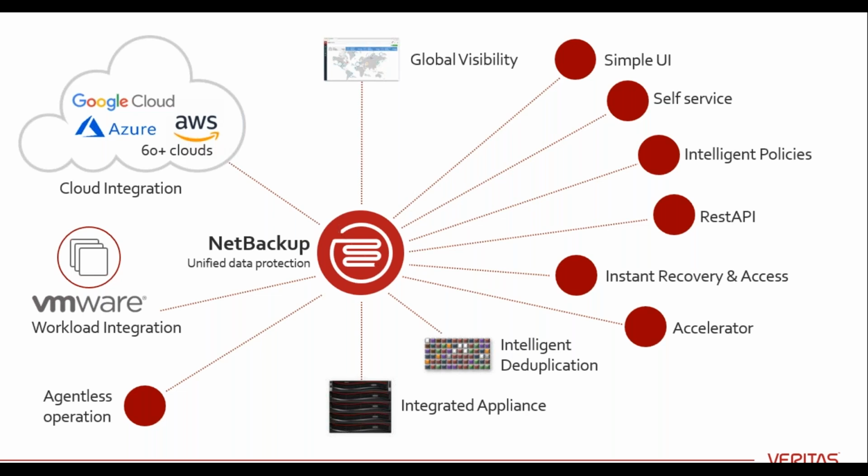Dedupe is a mandatory requirement across data protection. So we have intelligent deduplication within NetBackup, and we offer both fixed as well as variable length dedupe. And we also provide both server and client-side dedupe. So we give you the choice of deduping at the source where the data lives or at the backup server level.